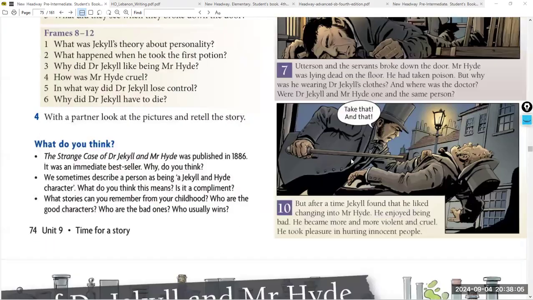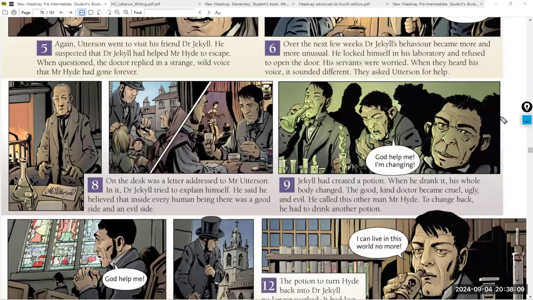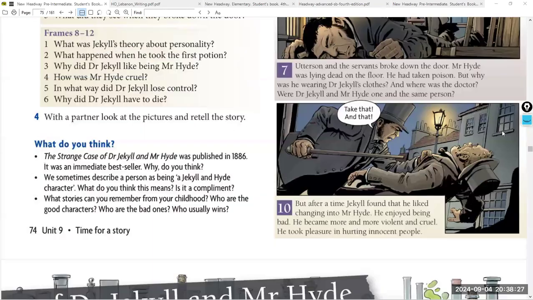Now, picture number 8. This is picture 8. This is the picture number 9. Let me show you picture number 10 about the 10th paragraph.